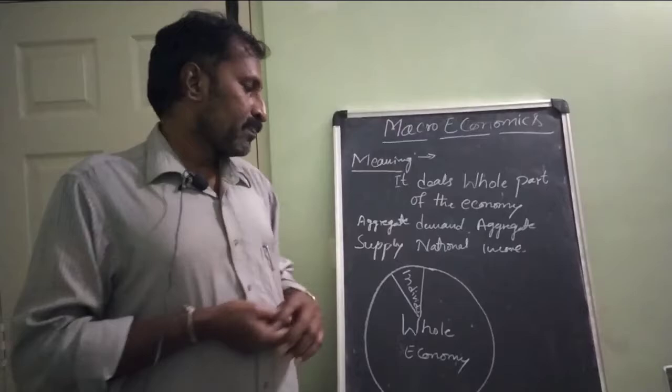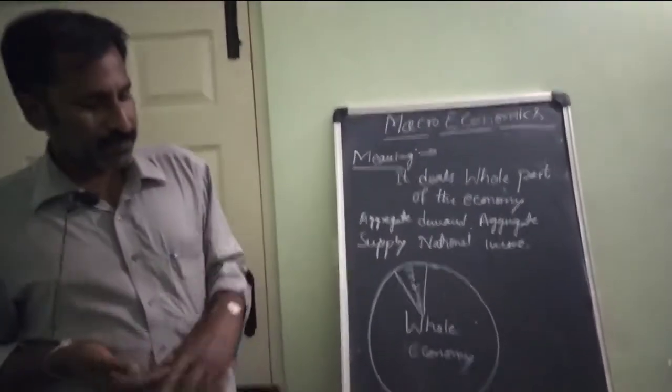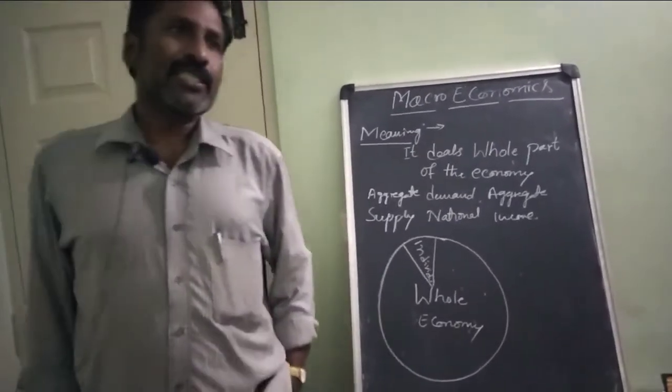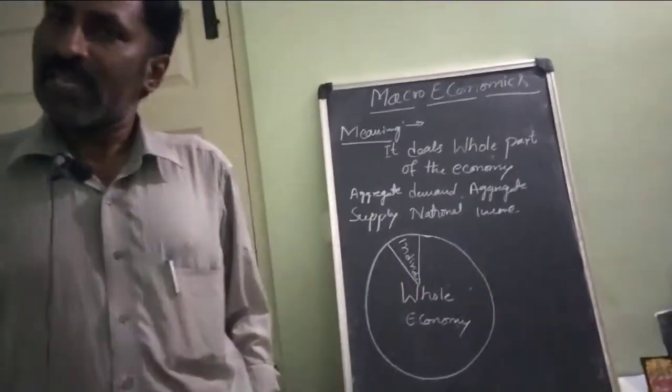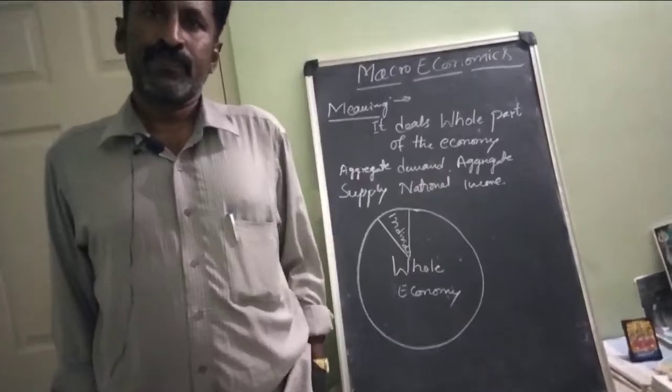The second is international trade, or the international economy. Each country participates in export and import, and the BOP, balance of payment.